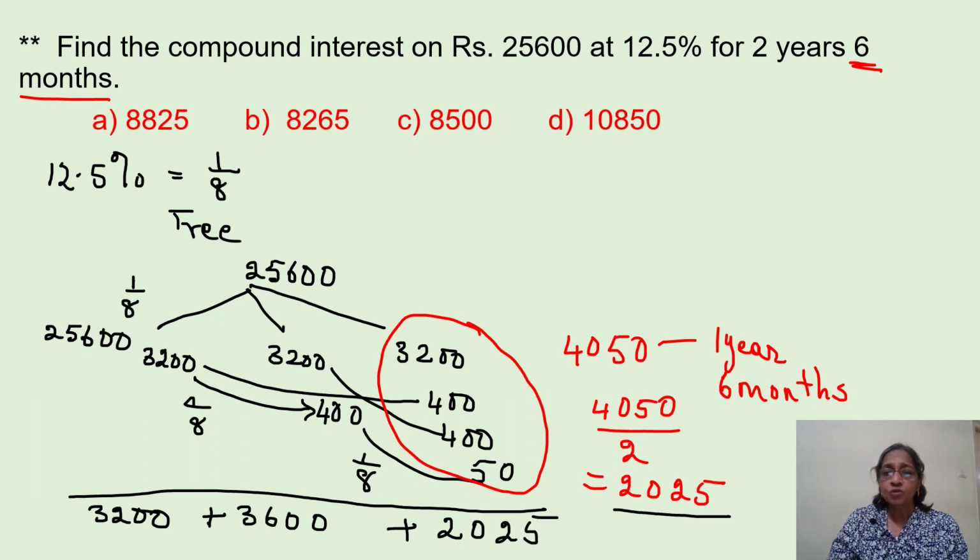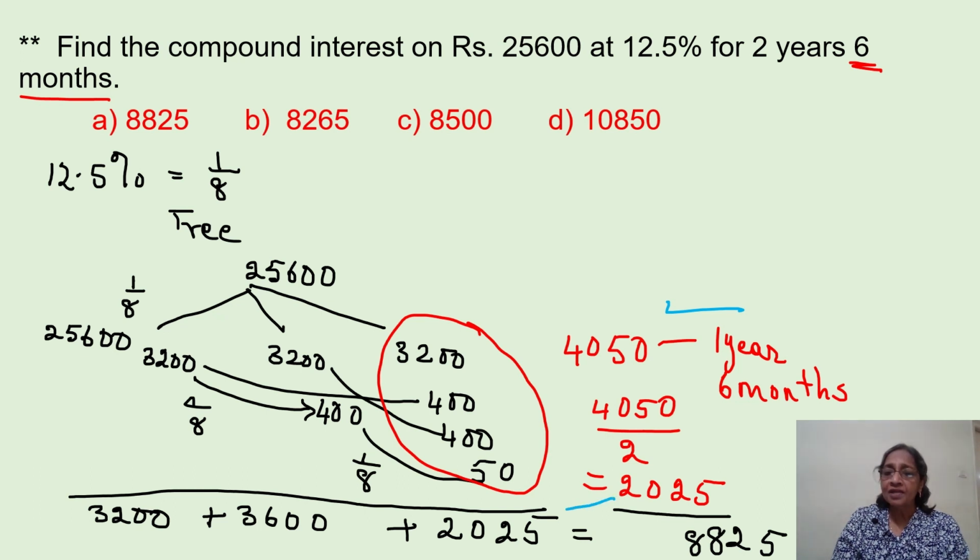So now our total here, get this part very clear. I have found out for the whole of the third year. Then, since in our sum we are given only 6 months, which is half a year, I have divided by 2, and that's how I have got 2,025.